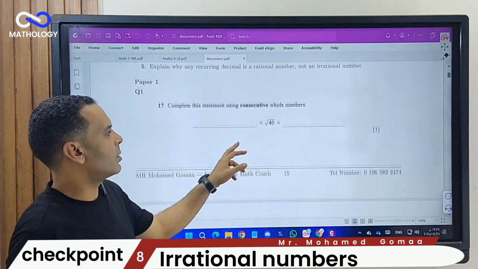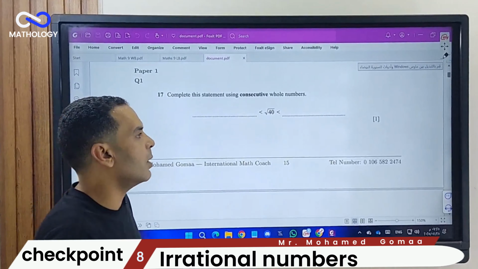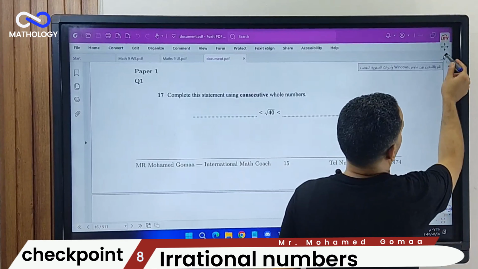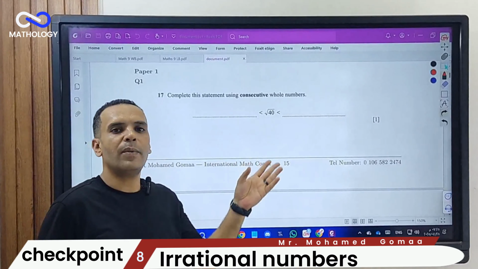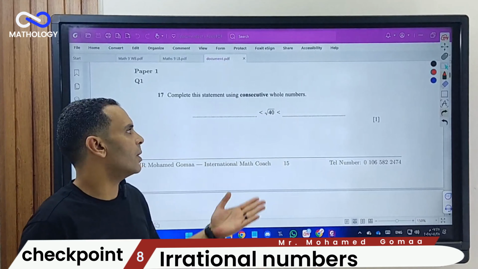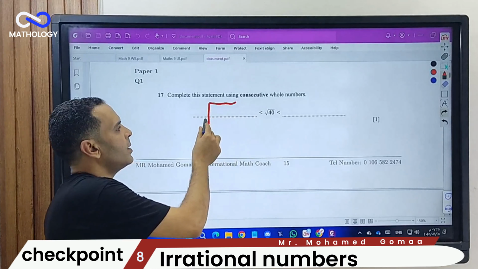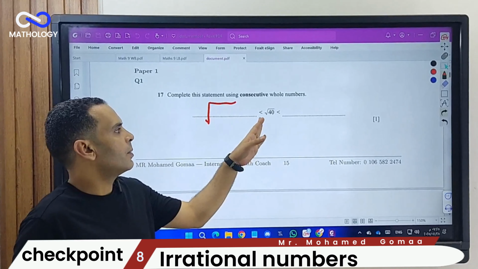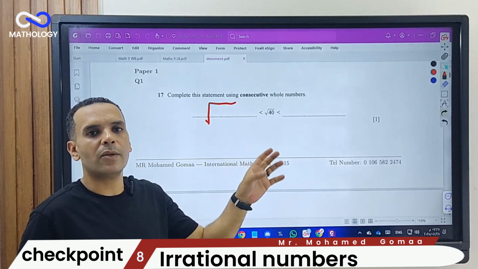If you want to get the value of an irrational number like square root of 40, first put the irrational number between two rational numbers. How can you get this one? Square root of 40 is between square root of what? What is the number smaller than 40 that has a square root?